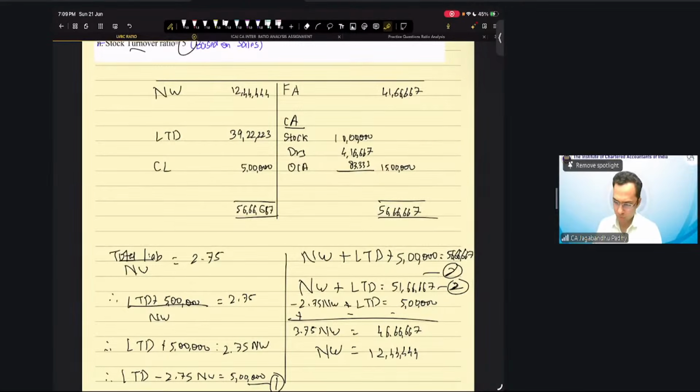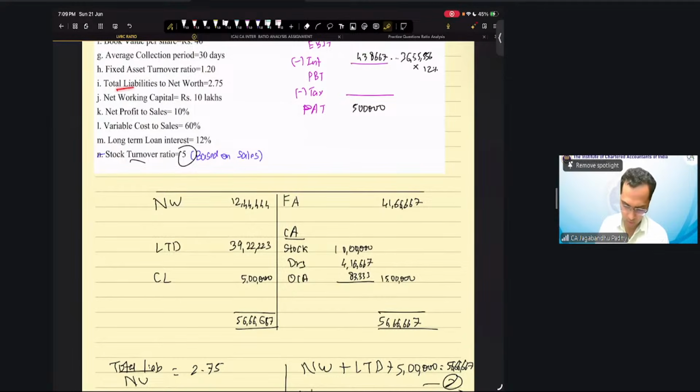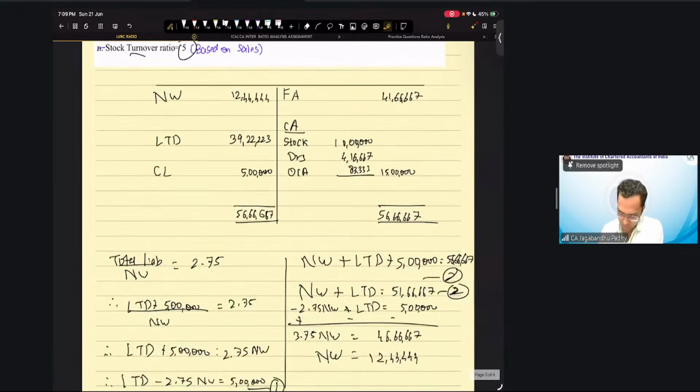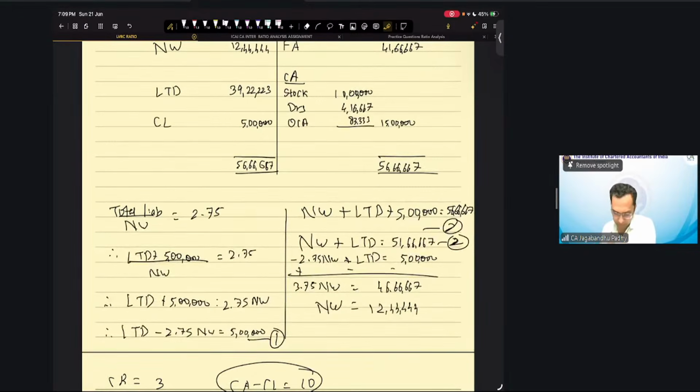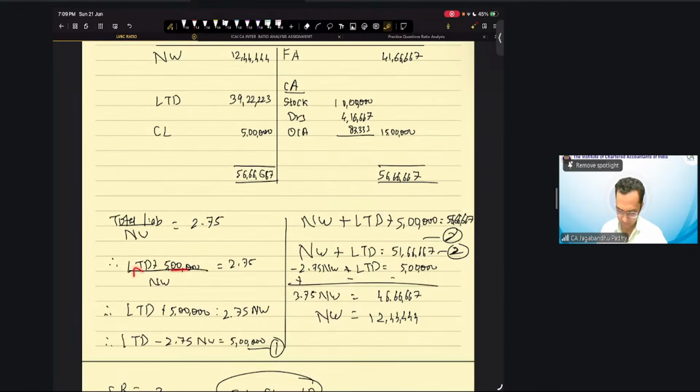Yeah, I think there is some mistake, because the rule is what? Total liabilities to net worth. Total liabilities is long-term debt plus 5 lakh upon net worth is 2.75. Equation 1. So long-term debt plus 5 lakh is 2.75 times net worth.